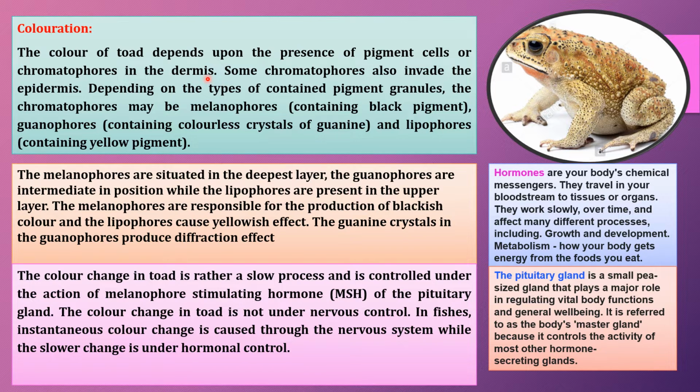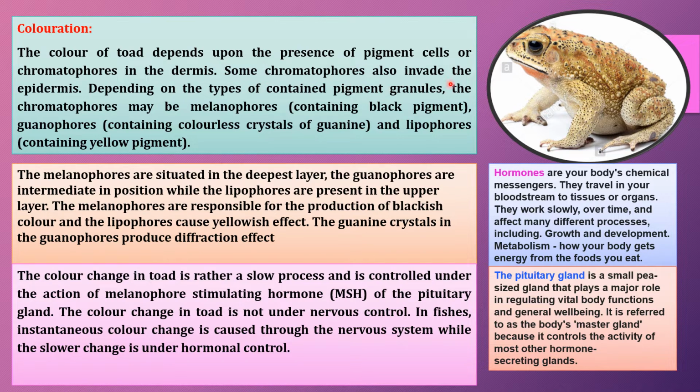You know, dermis is one layer of the skin of toad, and in that layer only another layer is present, that is called chromatophore or pigment cell, actually pigment layer of the skin. So they are talking about that particular layer. That particular layer, that means pigmentation layer or chromatophores layer, is responsible for the color change in toad skin.